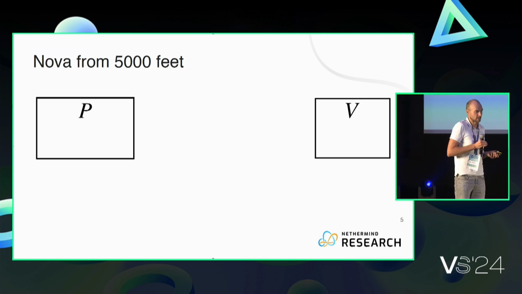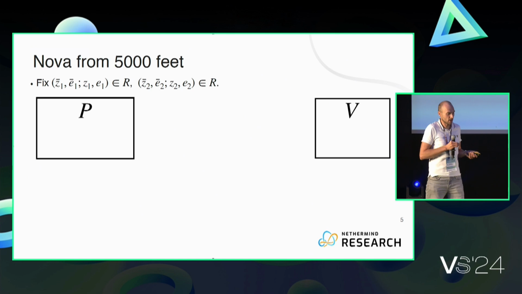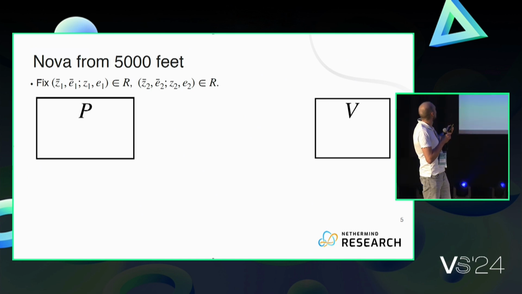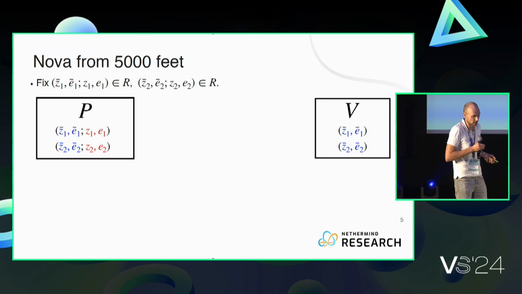Let's take a look at Nova from 5,000 feet. We have two relaxed committed R1CS relations. We have Z1 bar, E1 bar, the public part, and Z1, E1 is the private part. We have Z2 bar, E2 bar, the public part, and Z2 and E2 as the private part. This is given to the prover, both the public and private part.